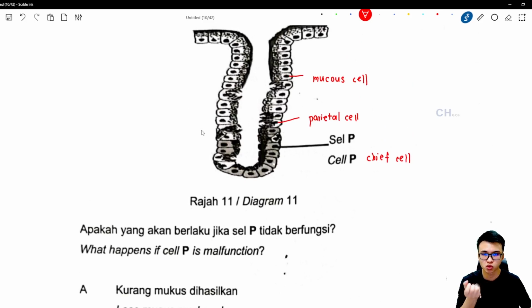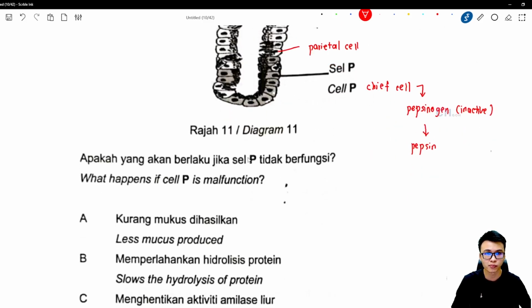So that's why we need to know what the function of the chief cell is first. The chief cell has the ability to produce a type of enzyme called pepsinogen. But this pepsinogen is inactive. When it's activated, it is converted into pepsin. So what is the function of pepsin?